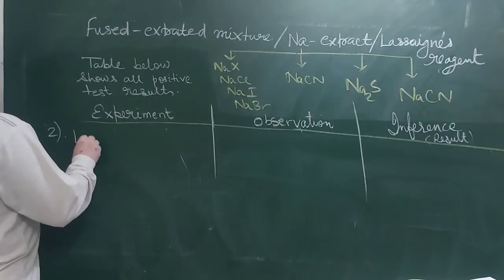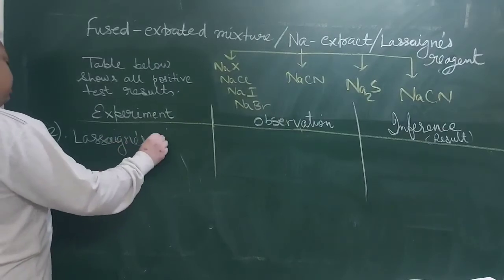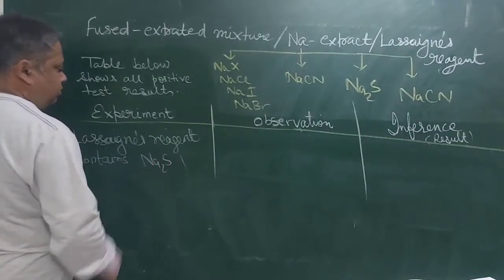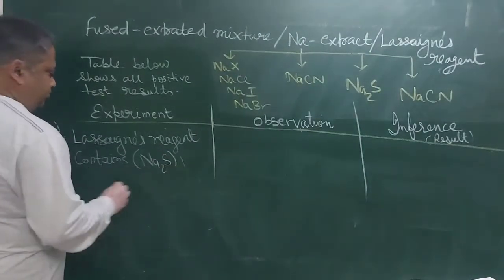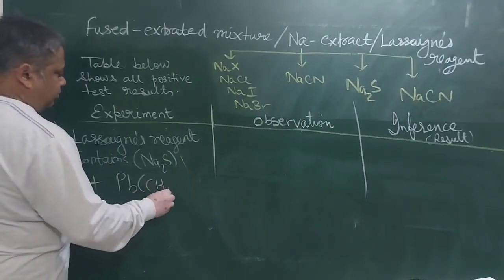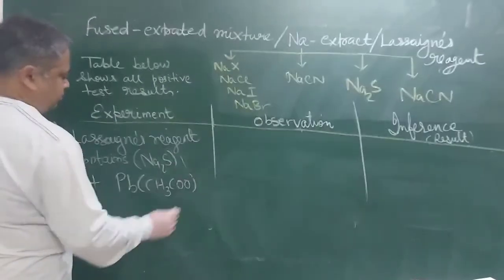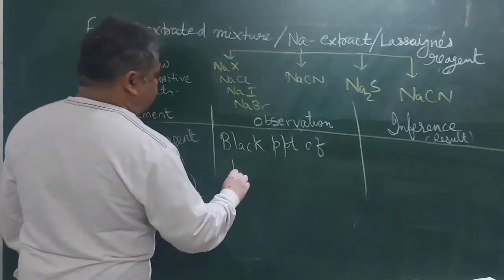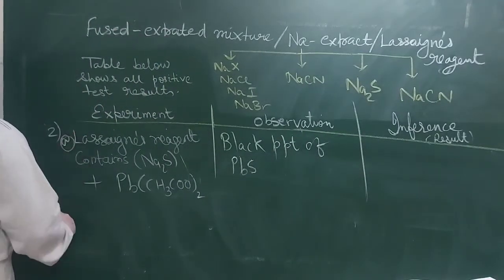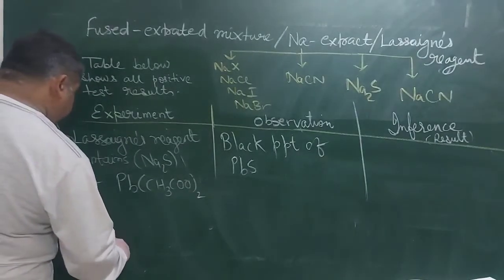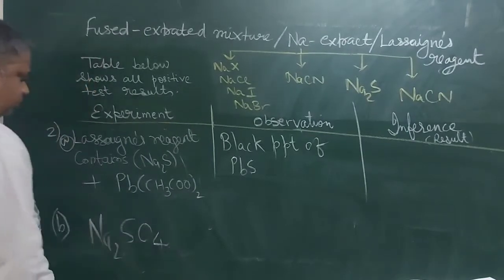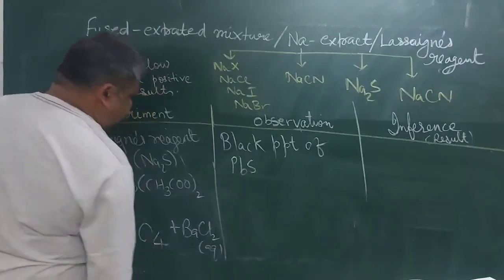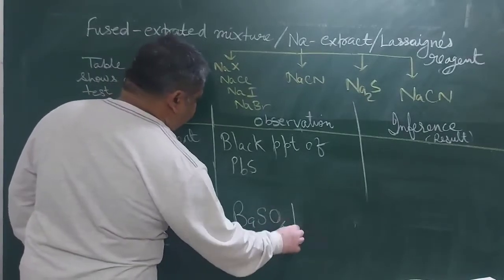Two, if Lassaigne's reagent contains Na2S, then with lead acetate it gives black PPT of PbS, or if it contains sodium sulfate, then with barium chloride it will form BaSO4, white PPT.